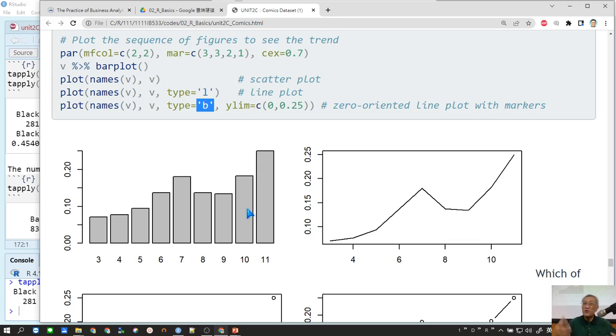Now we spent about 4 or 5 hours on this comic data set because this is the first data set we are looking into in depth. And for the rest of the time today, I would like to show you 3 more cases.